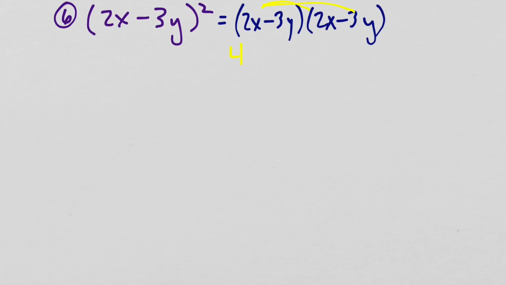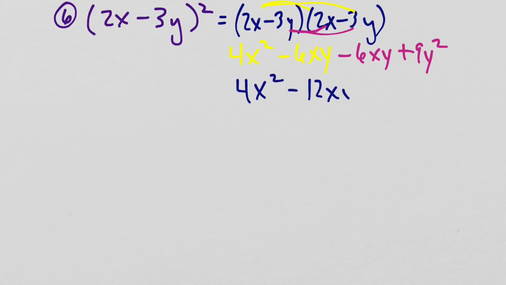So we get a 4x to the second minus 6xy. And then when we do the inside and the last, that becomes a minus 6xy and a positive 9y to the second. So now we combine like terms in the middle, so you have a 4x squared, a minus 12xy, negative 6 and negative 6, and a 9y to the second.